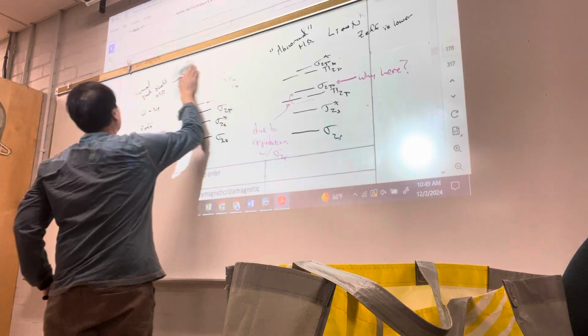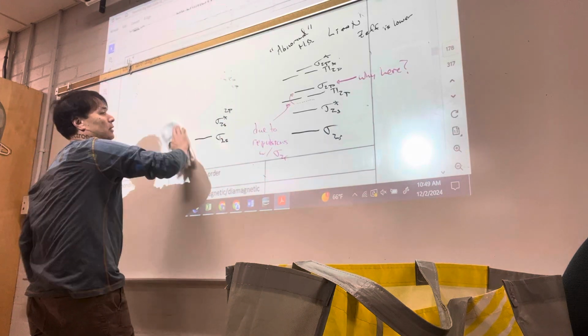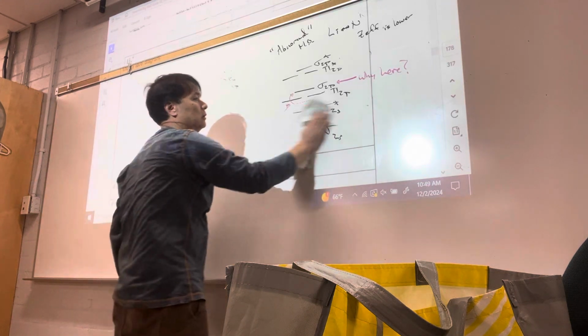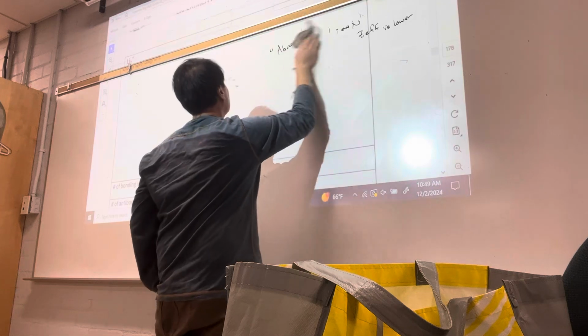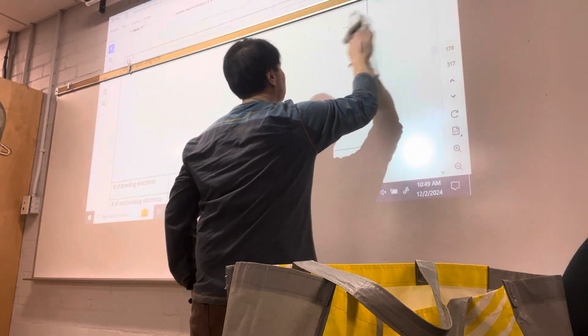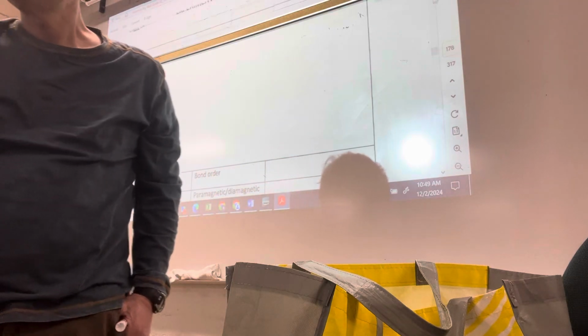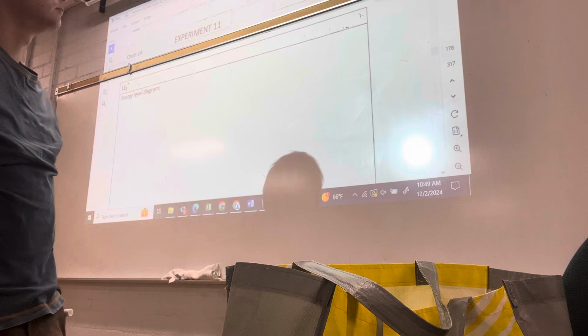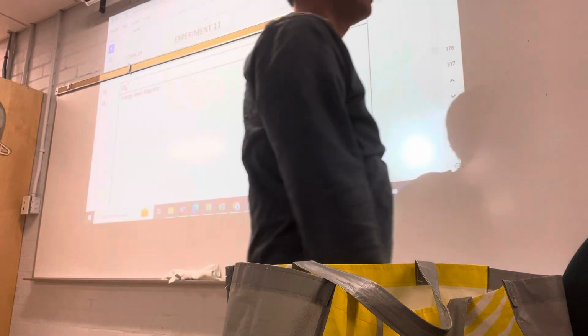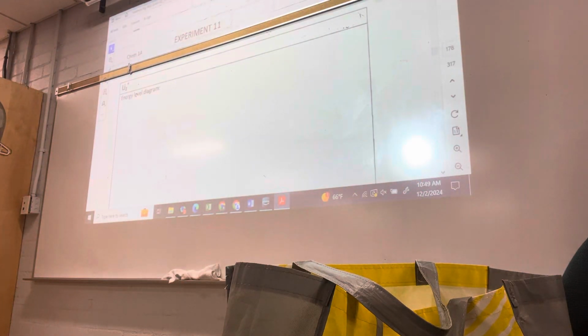And so let's take a look at Li2 plus first. So it's kind of weird to think about that the smaller Z effective, the greater the repulsion.